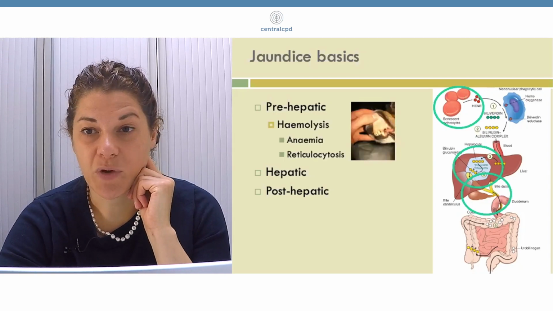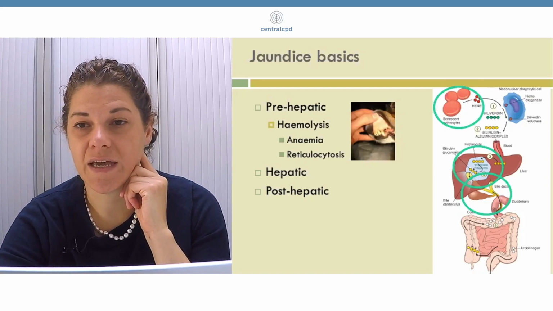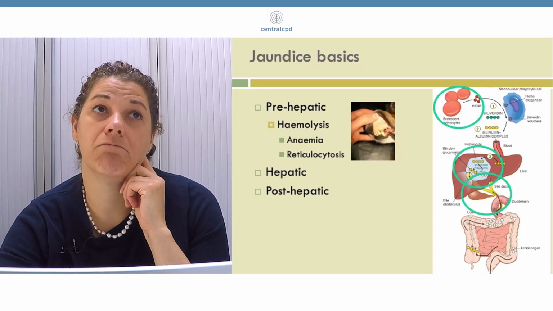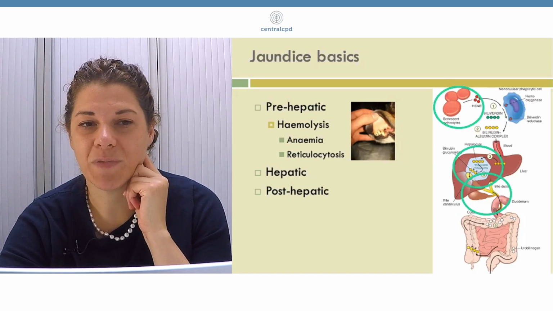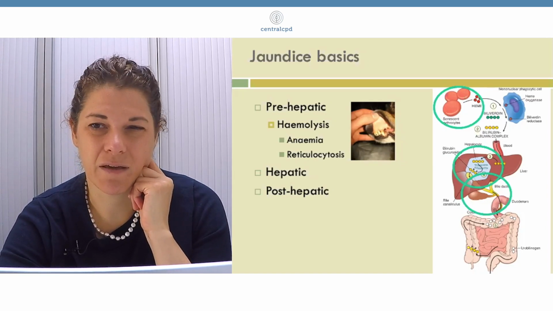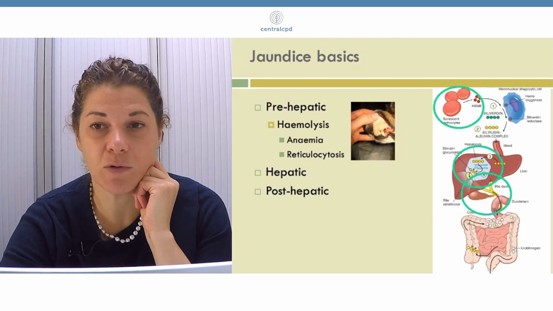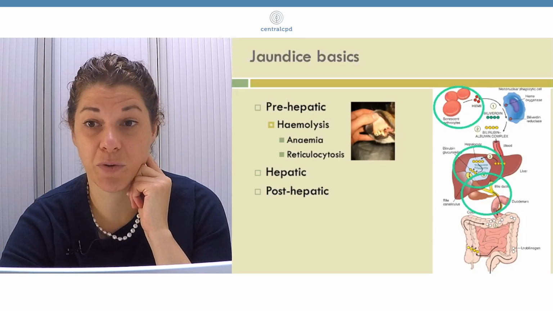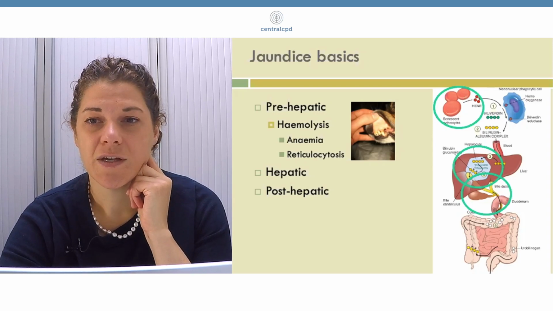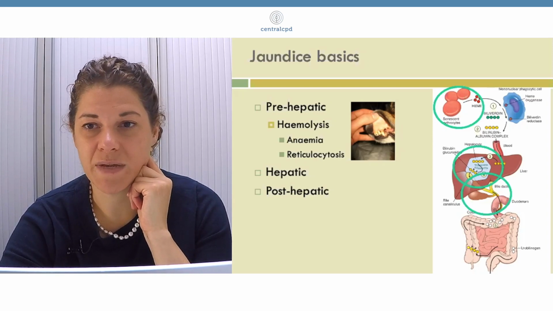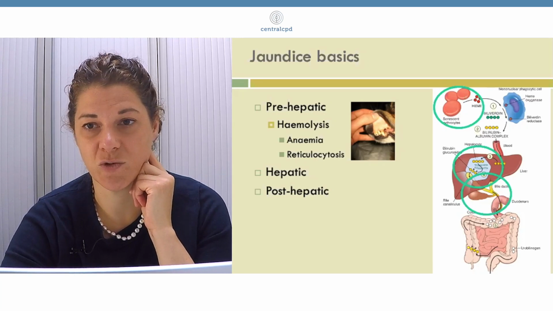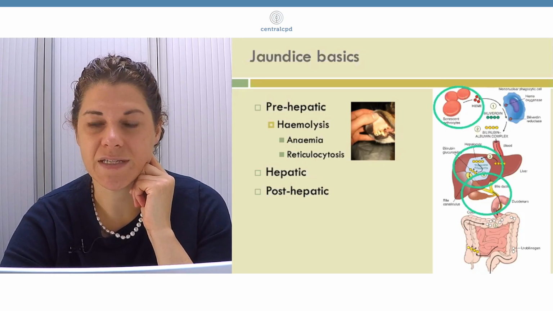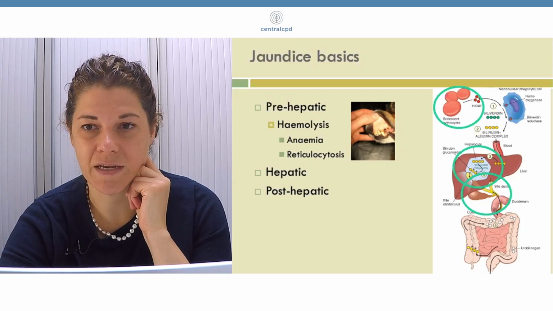So when they have a prehepatic cause of jaundice, it's essentially over-rapid hemolysis of red blood cells. So we're going to expect these patients to be anemic. Very occasionally, they will maintain their red blood cell count but have a profound reticulocytosis. So they're destroying lots of red blood cells, but they're maintaining a normal PCV by pumping out reticulocytes like there's no tomorrow. But you should certainly see hematological abnormalities anyway.